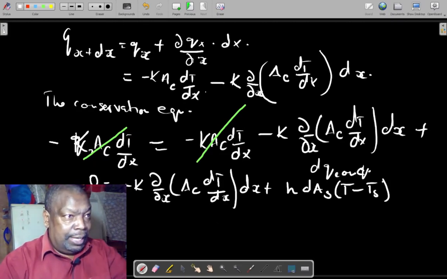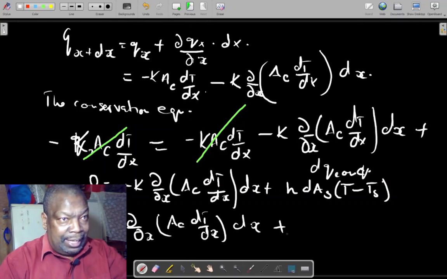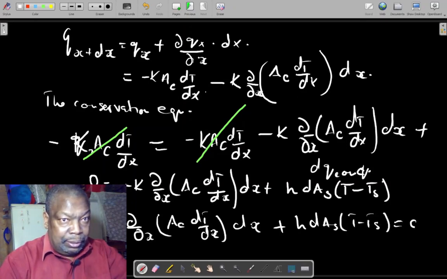So we can say minus k d by dx of (Ac dT by dx) plus h dAs (T minus Ts) is equal to 0.